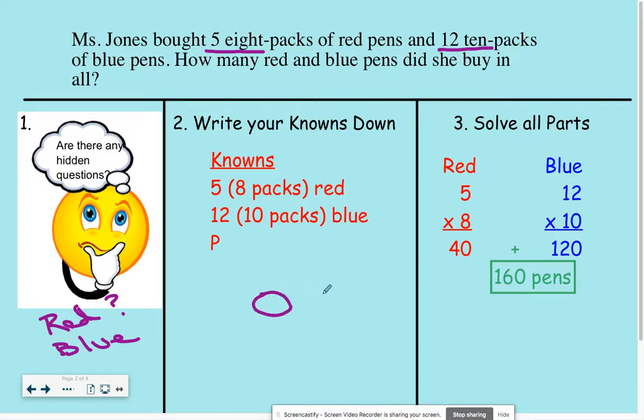I have 5 and I have 8 packs, right? 5 and 8. Well, really, that just comes down to a multiplication problem between them because the relationship is for each pack, I have 5. So I can do 5 times 8, and I get 40 red pens.